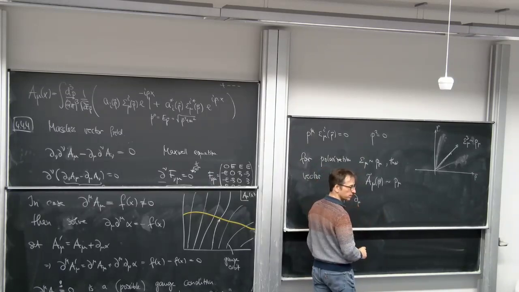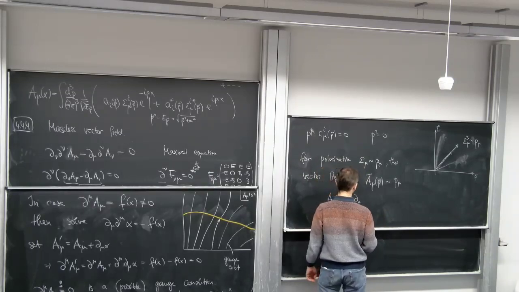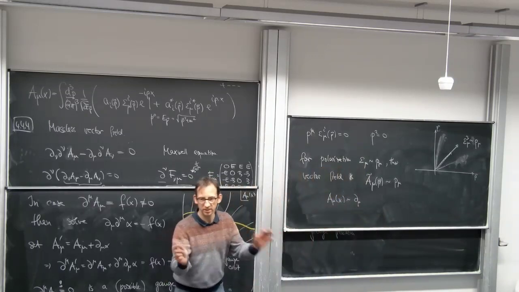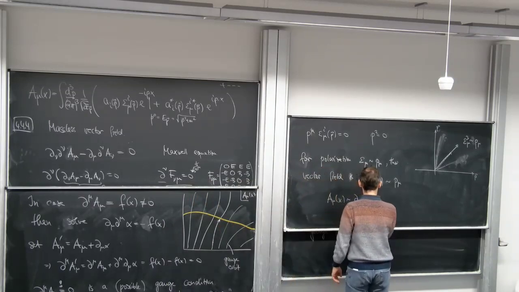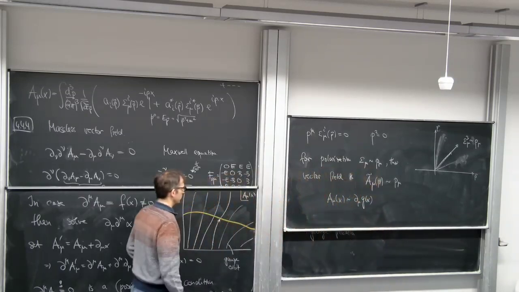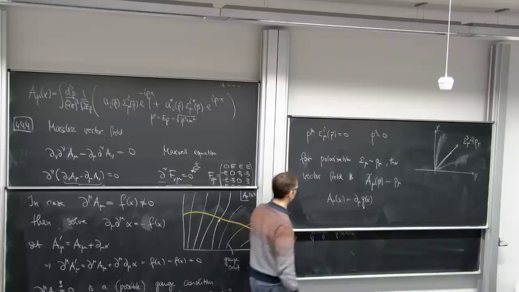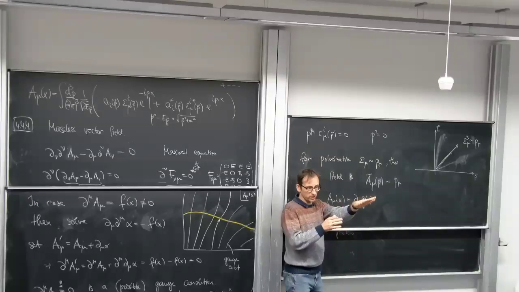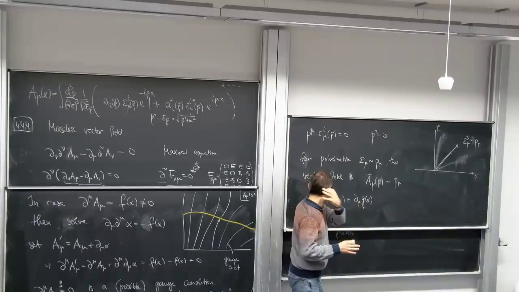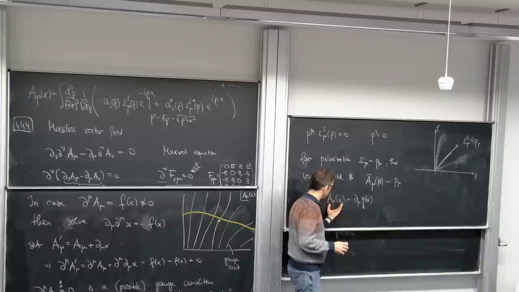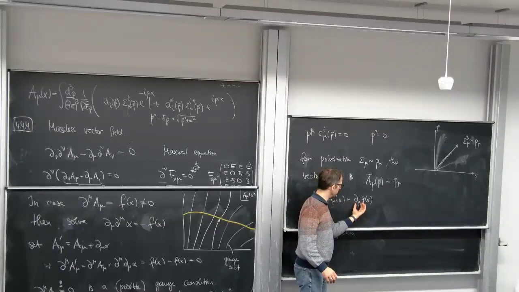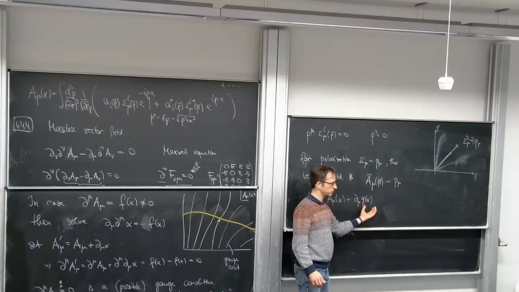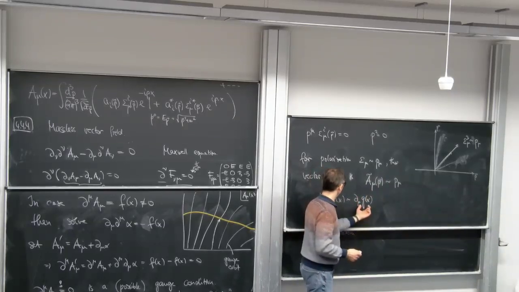I need a name. Alpha, or G, I don't know. Let's leave it like this and then use an alpha to remove it. Now, for this funny polarization along the momentum, the corresponding vector field is a gradient of some function. So what? But it is.